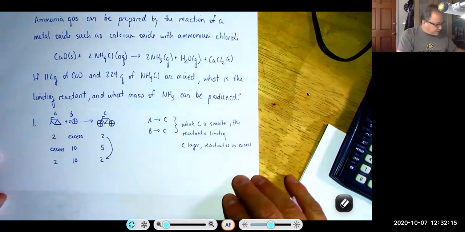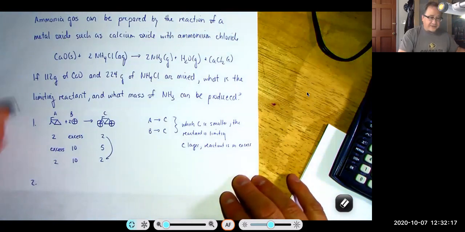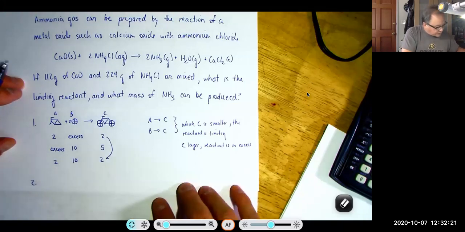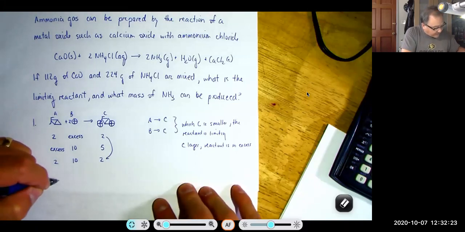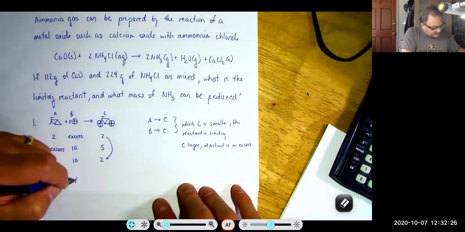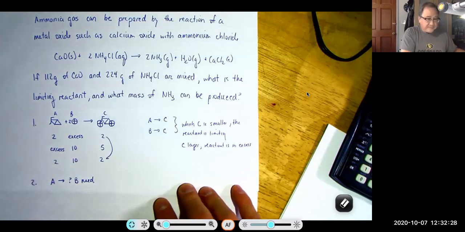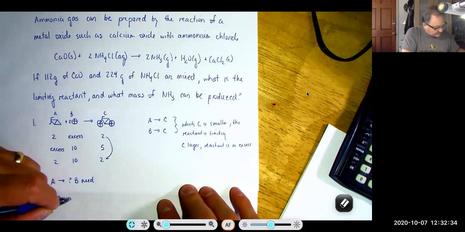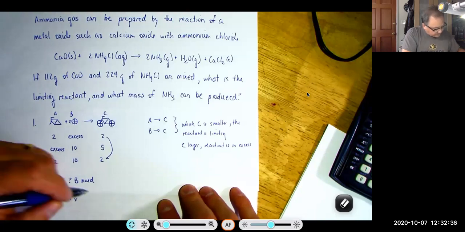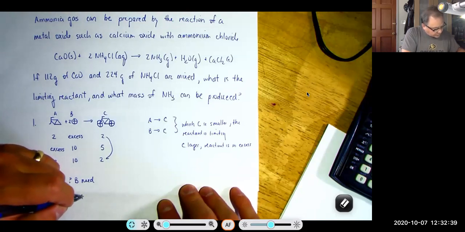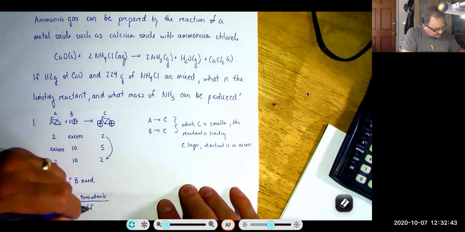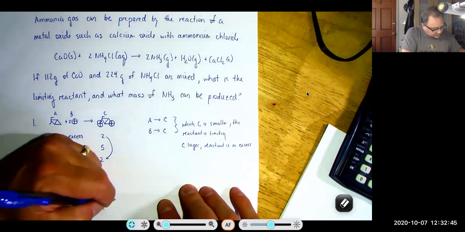Now there's another way to do that. Here's another way. We look at this situation where we have 2 and 10. You could take A and figure out how many B you need. We have 2 frames times 2 wheels per 1 frame, which is 4 wheels.